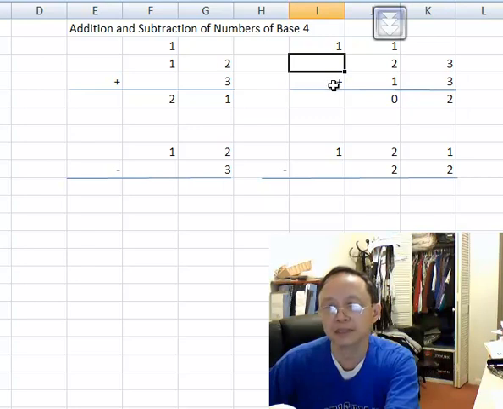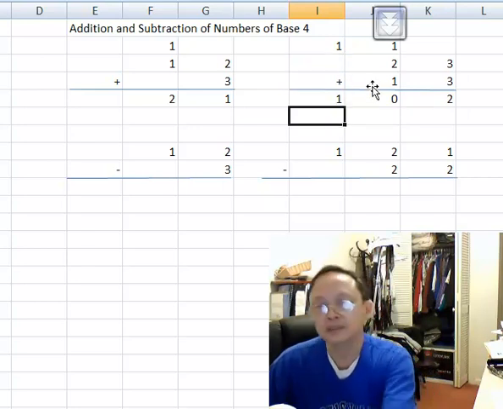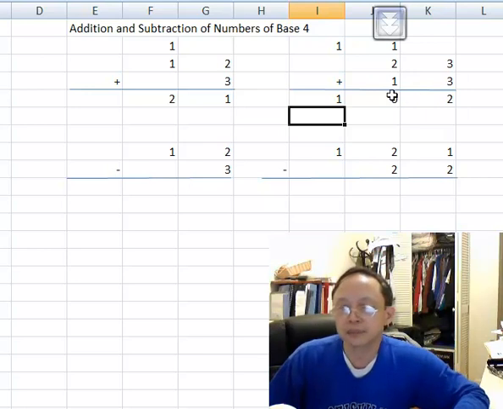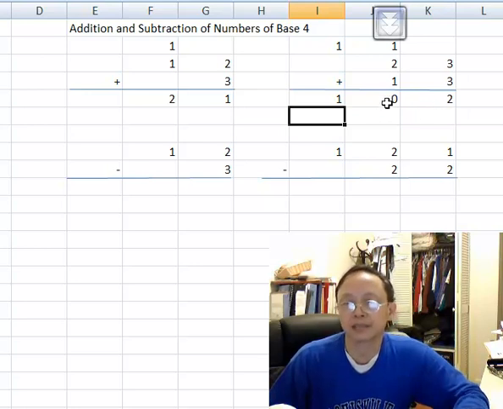There's nothing on the bottom, so we put 1 here. So we get 2, 3 plus 1, 3 in base 4, we get 1, 0, 2. So I repeat that again. When the sum is greater than or equal to 4, we need to divide by 4 to get the carry digits, and the remainder is the number you write down.